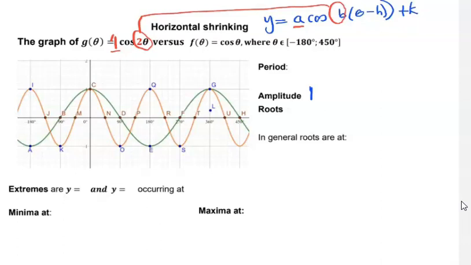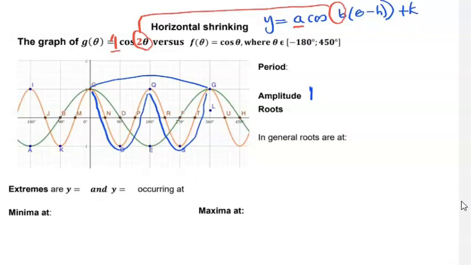And we can see here, if I look at this part, from there to there, we already have our bucket, and then again, our cup again there. So it went through twice in the same time that the regular cos graph completed that period.